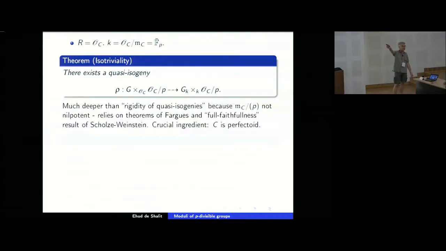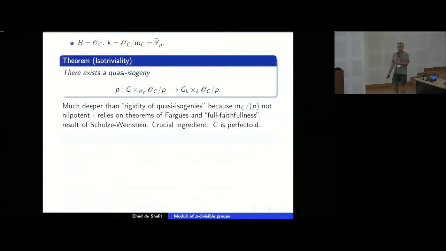So you understand the difference between the two sides of this quasi-isogeny. The right side is isotrivial, and up to the notion of being quasi-isogenous, the reduction of G mod p is also isotrivial.